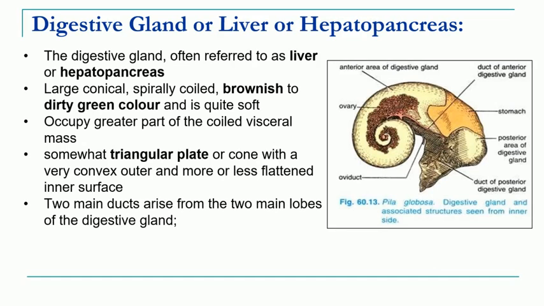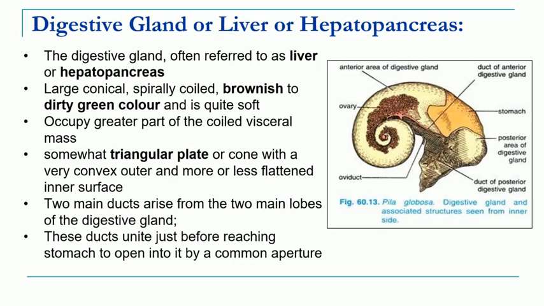Now there are two main ducts. There are two ducts which arise from the two lobes of the digestive gland. So it is also a bilobed structure, and from each lobe there arises one duct from this digestive gland or liver. Now these ducts unite just before reaching the stomach to open into a common aperture.